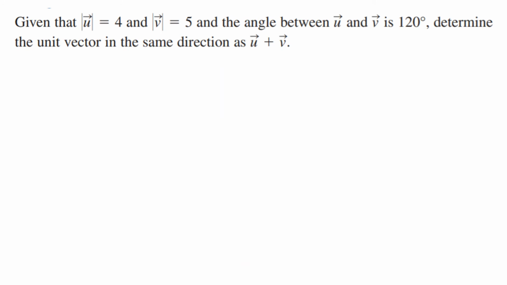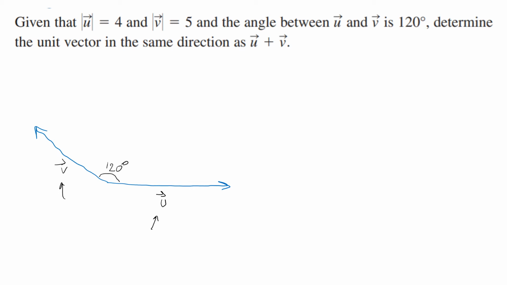So to get used to unit vector problems, given that the magnitude of u equals 4 and the magnitude of v equals 5, and the angle between u and v is 120 degrees, determine the unit vector in the same direction as u plus v. So just to draw it out, let's say this is my u and this is my v, and I know in between I have 120 degrees, right?